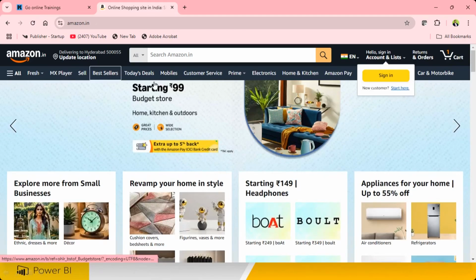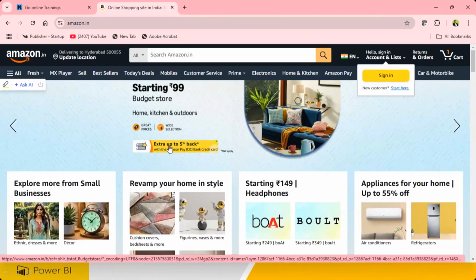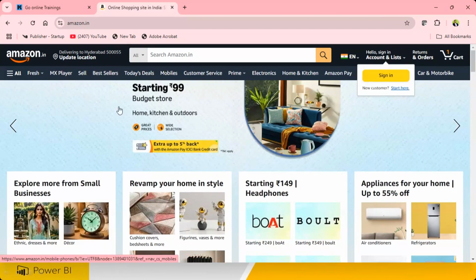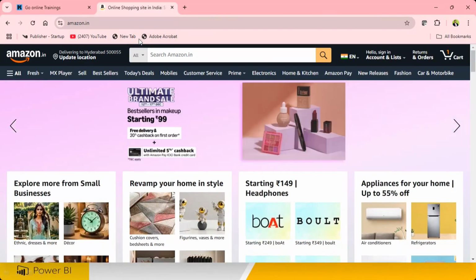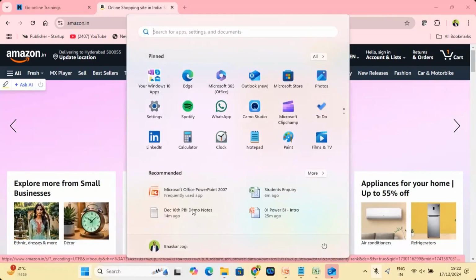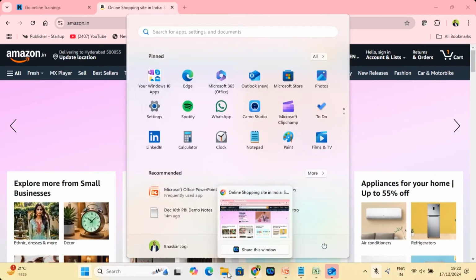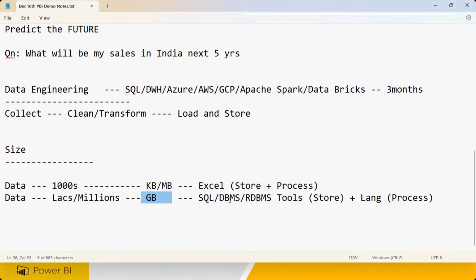This data cannot be stored in the website. This website may be any website, but at the end of the day, all this Amazon data will be stored in a SQL or RDBMS. Clear? So SQL means RDBMS, or a database management system. So all the data will be stored.